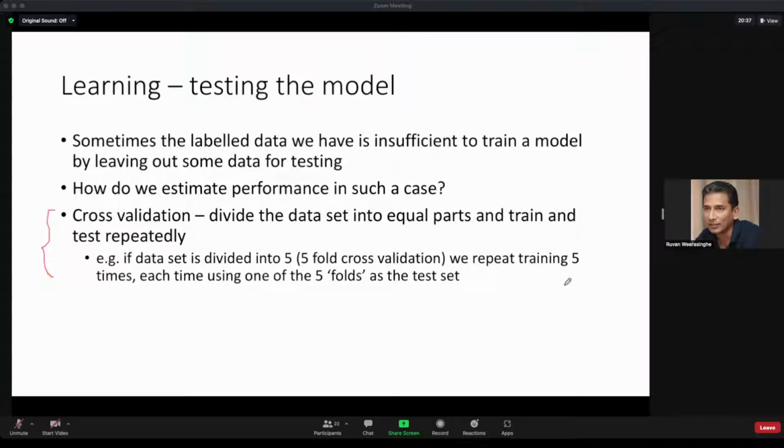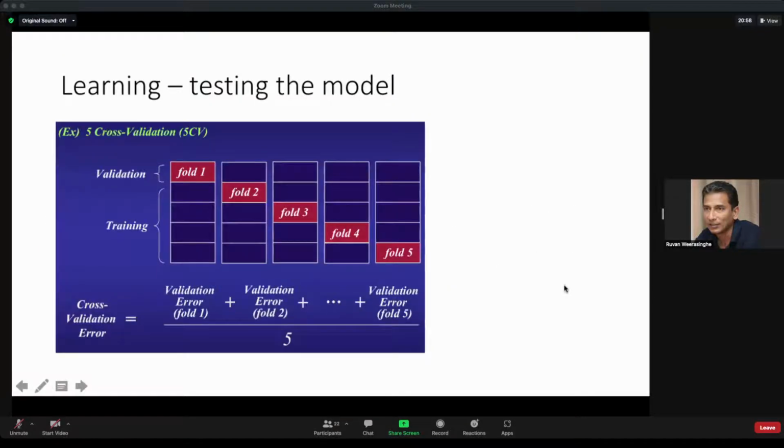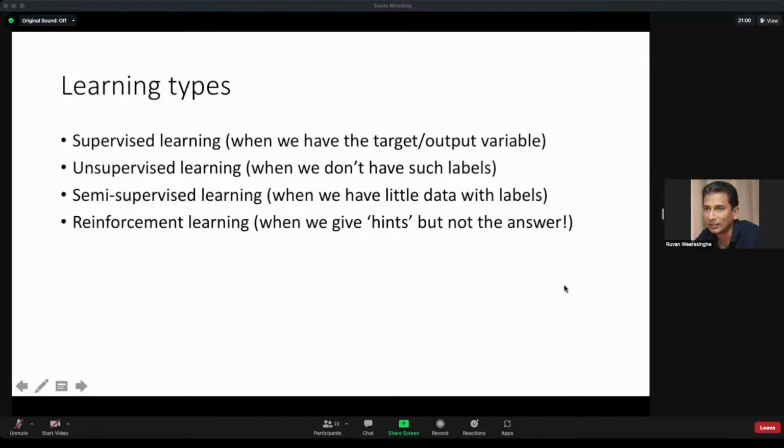So 5 or 10-fold cross-validation is very common, and then we take an average so that we get an idea of the accuracy of the model. So it's another way of figuring out, when we deploy this, what kind of accuracy we are going to get. This is showing it graphically, but not important.